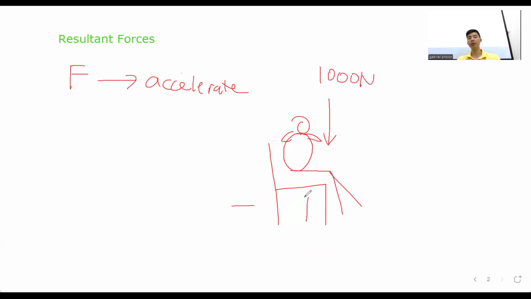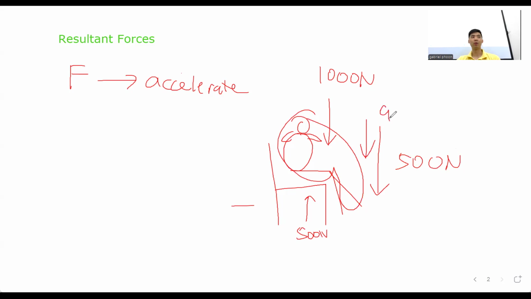And this chair can only apply a force of 500 newtons. Then there will be a resultant force of 500 newtons downwards, right? Then this chair is going to break and it will cause this guy to accelerate downwards until he hits the ground.